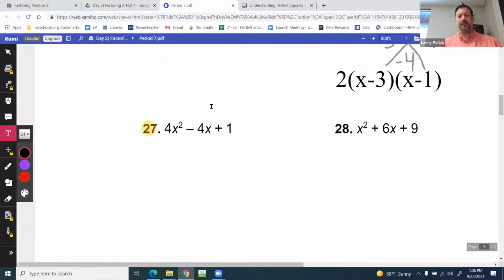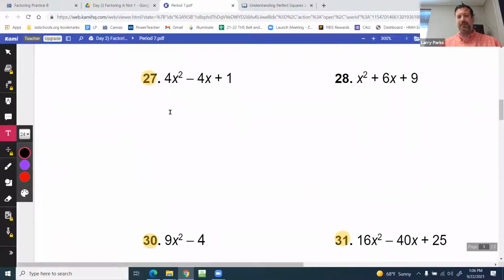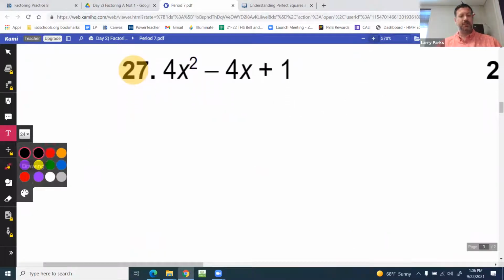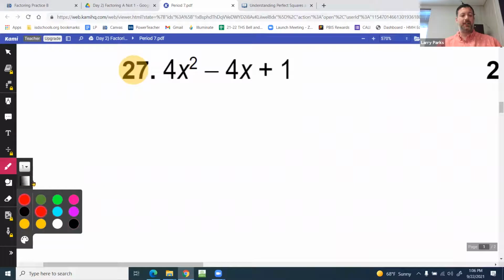Let's go to 27. 27, A is not 1. 4, 4, and 1, the only thing that goes into 4, 4, and 1 is 1. So I have to teach you a new factoring technique. Here's the process. You're going to take this number and this number, and you're going to multiply them together.